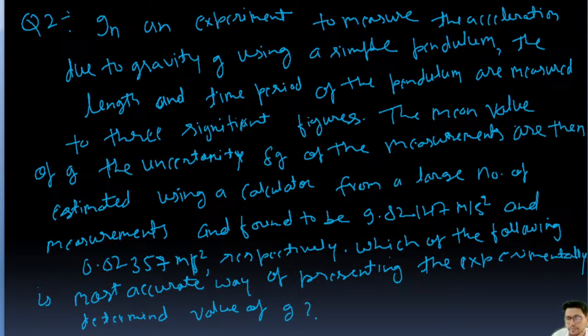Options are: A, 9.82 plus minus 0.02 meter per second square.